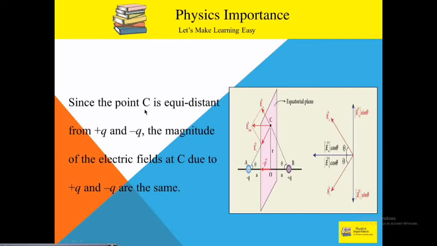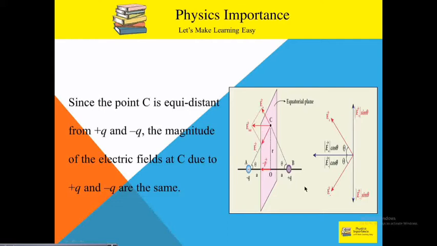Here the point C is equidistant from plus Q and also minus Q. See, this AC distance and BC distance are the same, because it looks like an isosceles triangle. From minus Q to C there is some particular distance, and that distance is the same as the distance between B and C. It is given that the point C is equidistant from plus Q and minus Q.